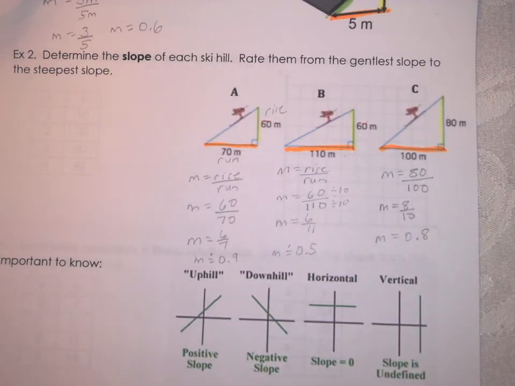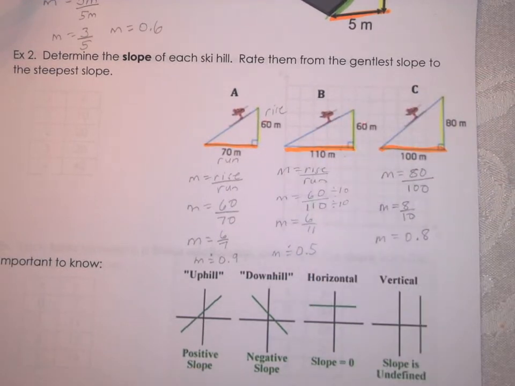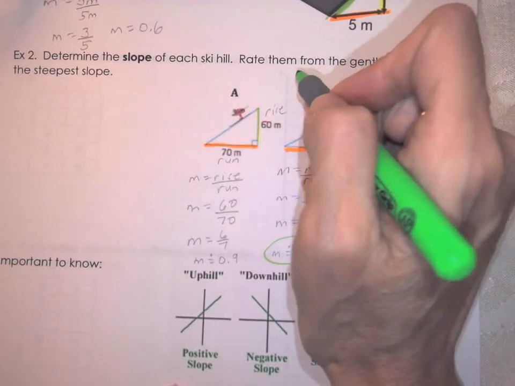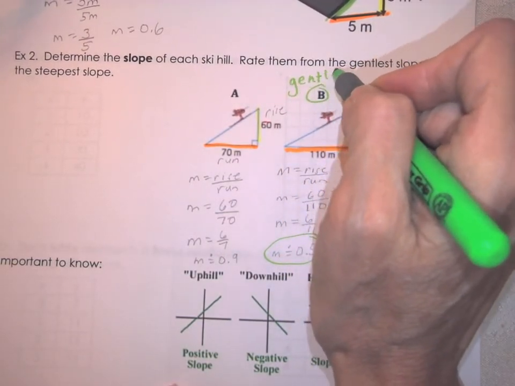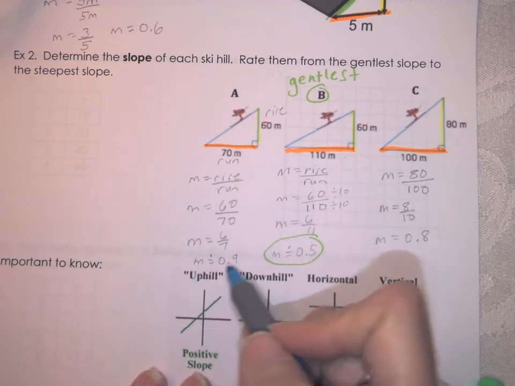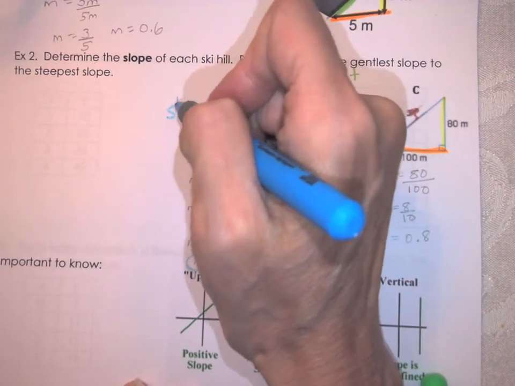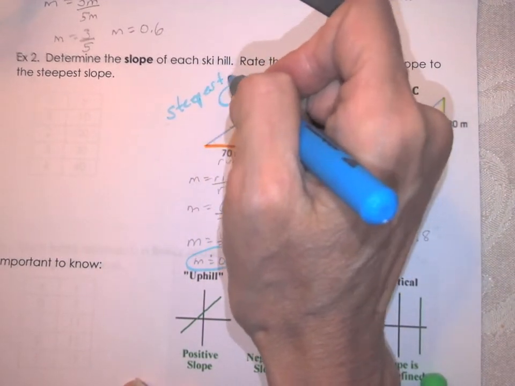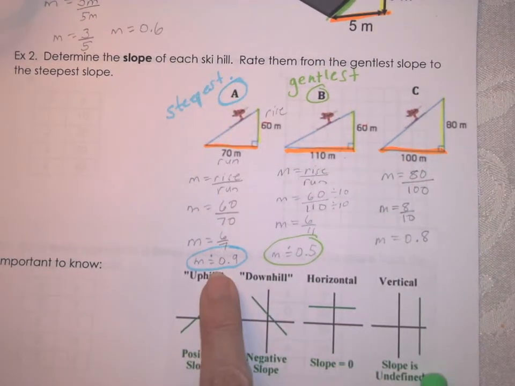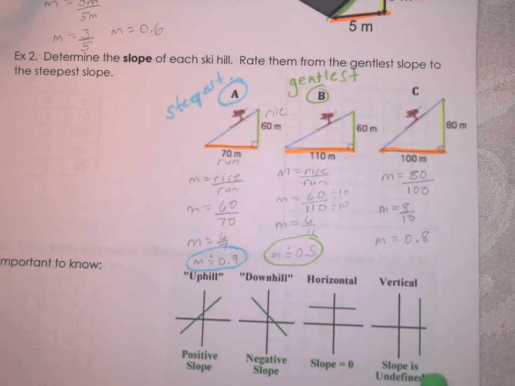So that would mean that the gentlest slope, the easiest one to ski down, is B. And the steepest is the biggest number, which is approximately 0.9. So A is the steepest, with the biggest number representing the slope, and B is the gentlest, with the smallest number representing the slope.